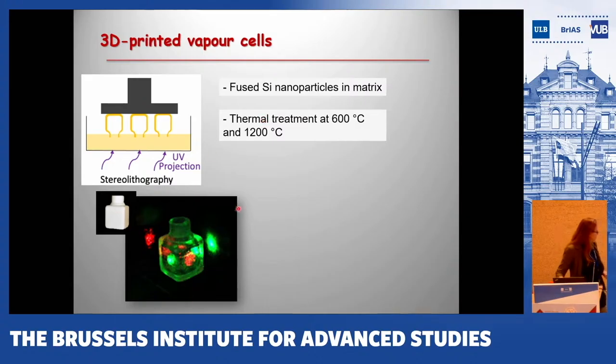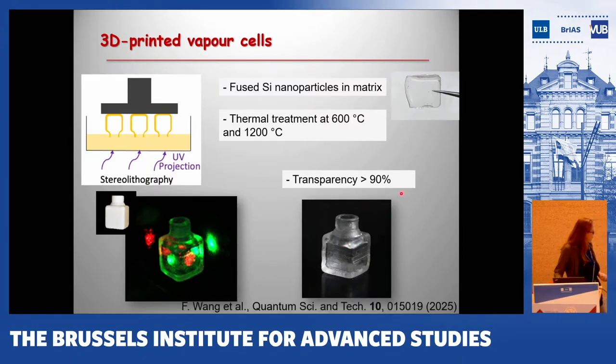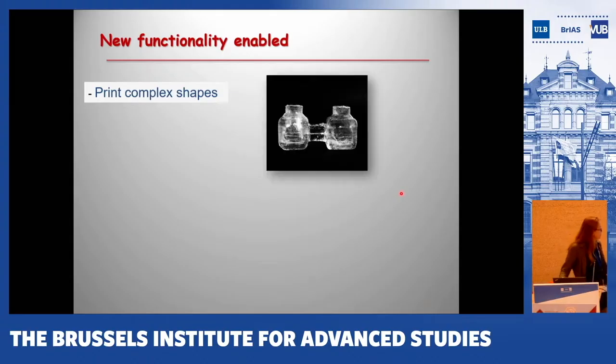And you can see here that we can pass laser light through, and these are the vapor cells that we can make. And so they have a transparency of more than 90%. And I'm not showing it to you, but the polarization stability is also comparable to normal glass.